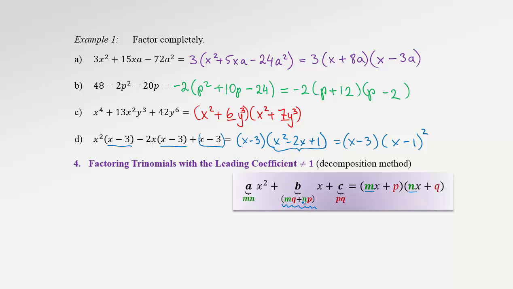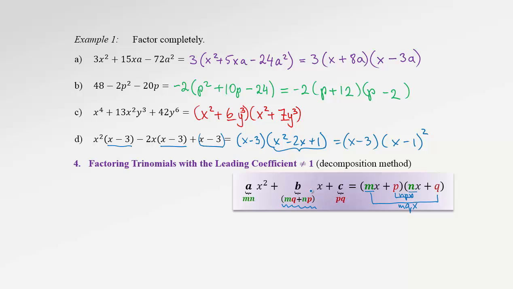This middle coefficient b comes from multiplying the inner terms and the outer terms and adding them up. So if we multiply the inner terms, we obtain npx. When we multiply the outer terms, we obtain mqx, and then when we add these two terms, the coefficient comes from adding mq and np.